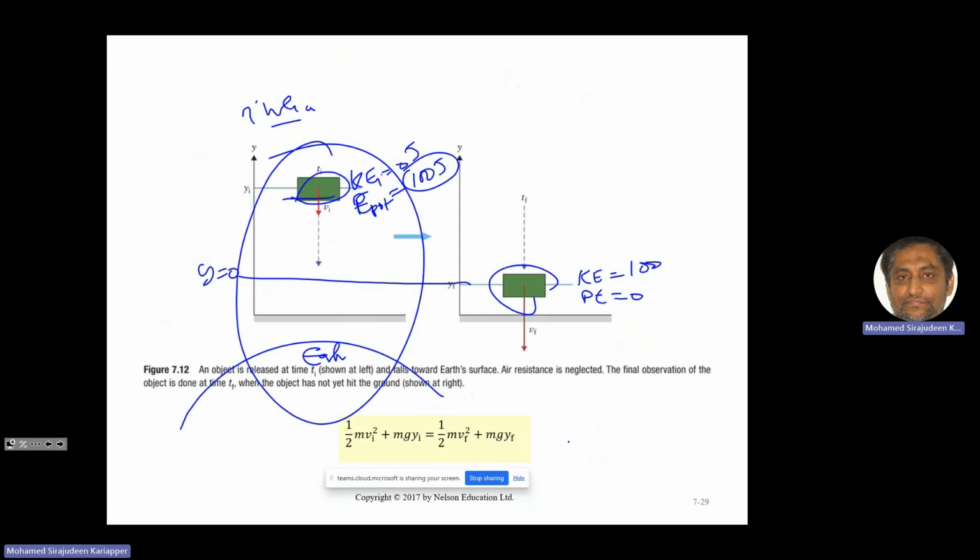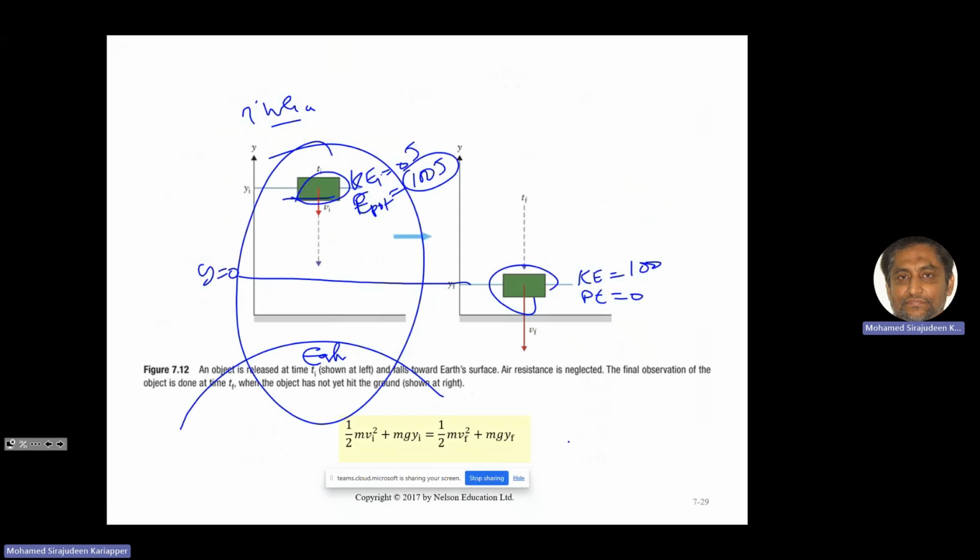So I'm confident that if the total energy here is 0 plus 100, which is 100, then when it comes here, the potential energy becomes 0 because that is where I put y equal to 0. That means the 100 joule went to kinetic energy, in order to satisfy the conservation of mechanical energy.